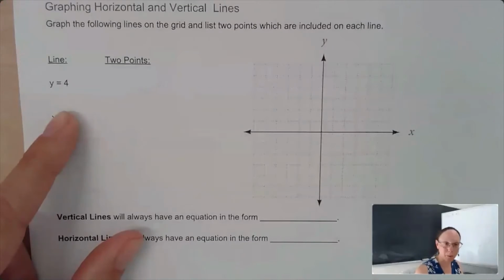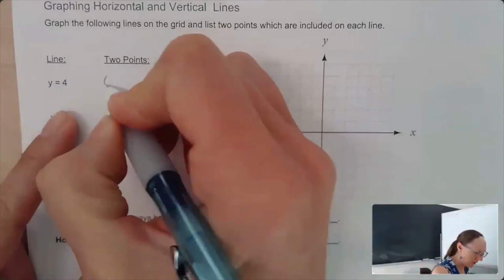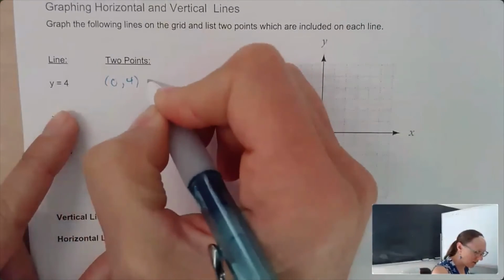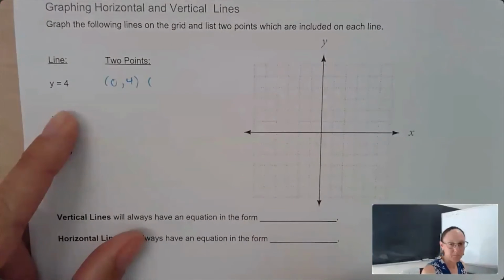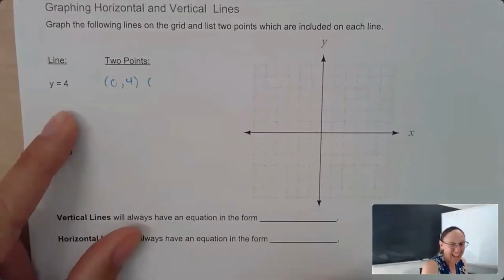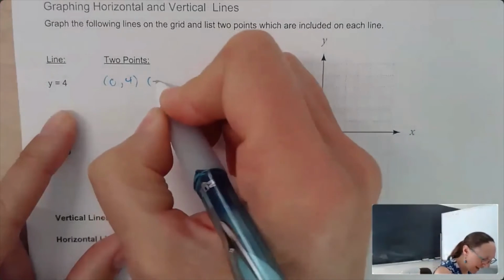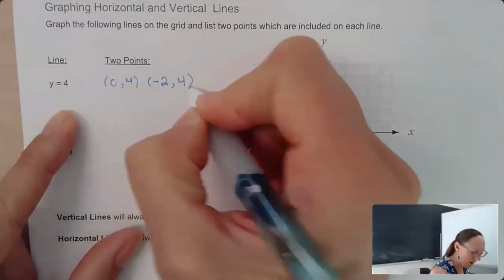So I could have the point 0, 4, 1, 4, -7, 4, 3, 4, any value at all for x, as long as the y value is equal to 4.